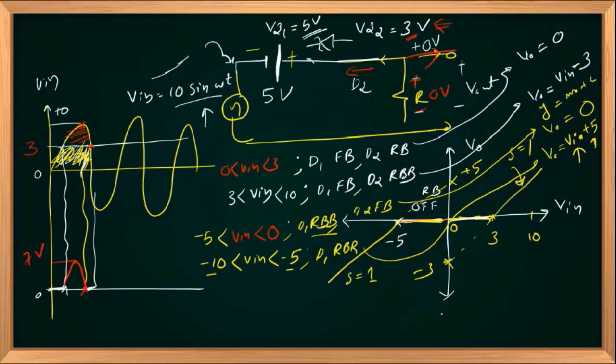So its characteristics will look like 0 volts here, and output increases as input crosses -5 and 3 volts. These two levels' magnitudes correspond to the breakdown voltages of the respective diodes.